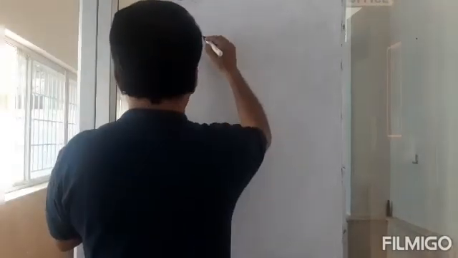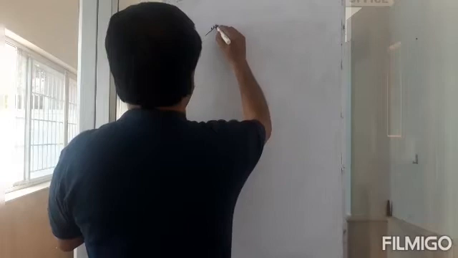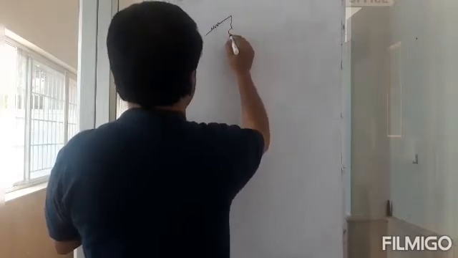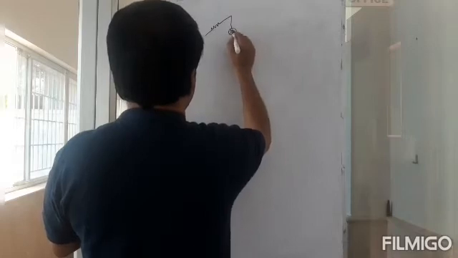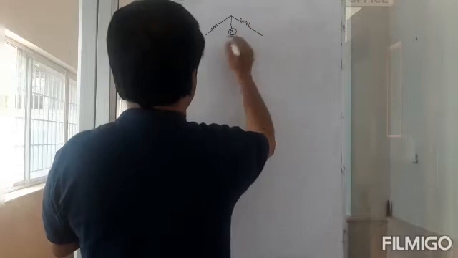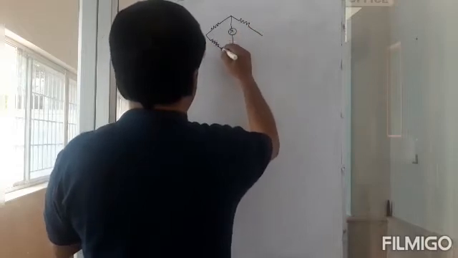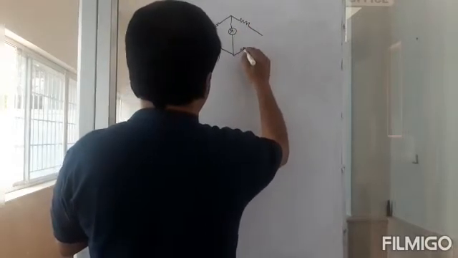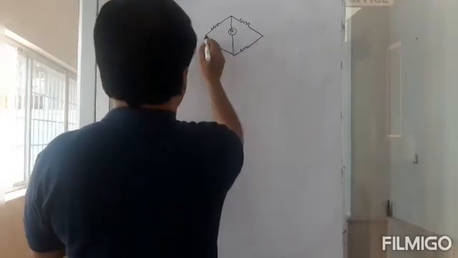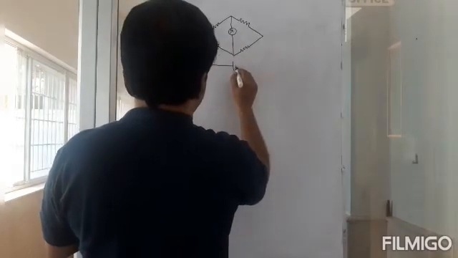So I have this circuit. Galvanometer, and then this one, this one, and then I'm connecting a battery here.